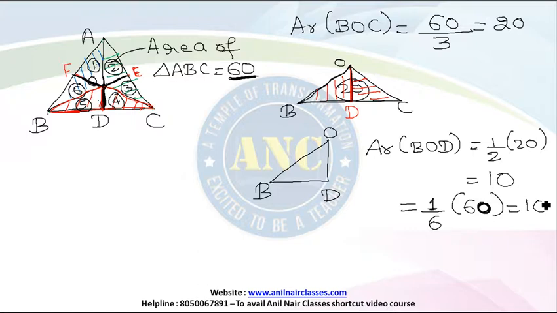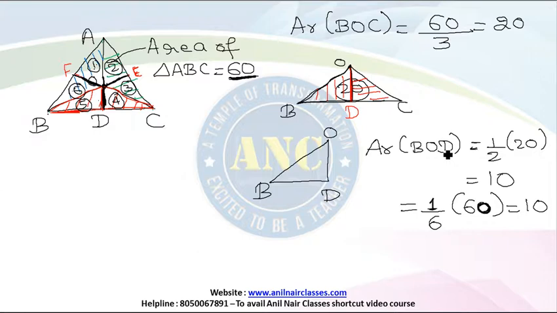Similarly, BOC is again split into 2 equal triangles. Area of triangle BOD is 1/6 of area of the entire triangle ABC, or area of triangle BOD is half of area of triangle BOC. I hope till this point there are no problems for any student who is watching this video.